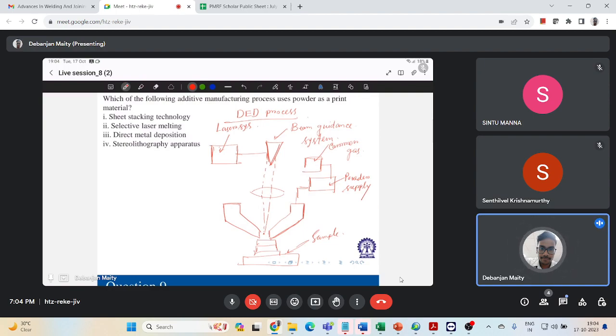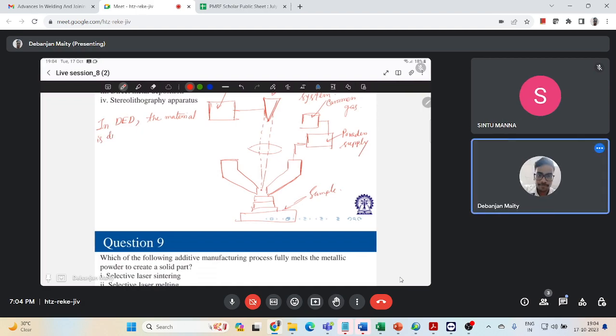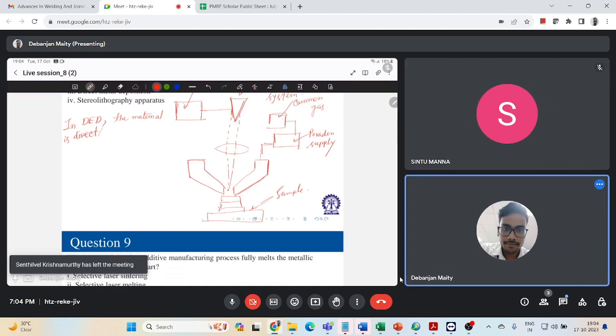Now the main difference between DED and PBF is that in DED, in direct energy deposition, the material is directly fed into the melt pool.